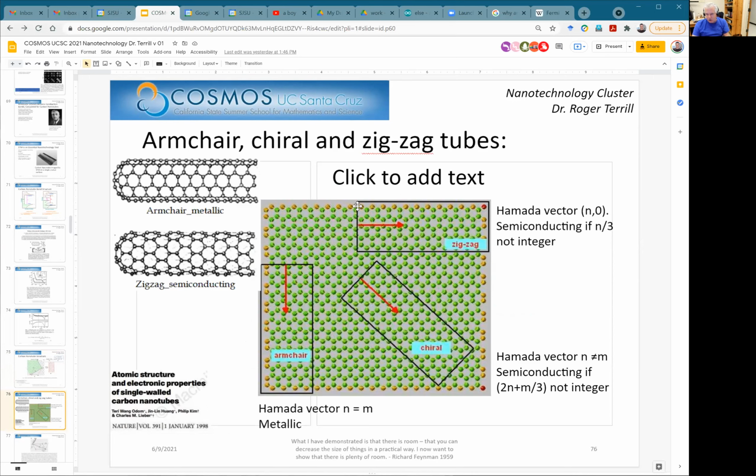Then if you go along the direction where to go from atom to atom, you go left, right, and left, and right, and left, and right, then that is called a zigzag tube. Whereas if you go along the direction where it's straight down, straight up, straight down, straight up, that's called the armchair direction.